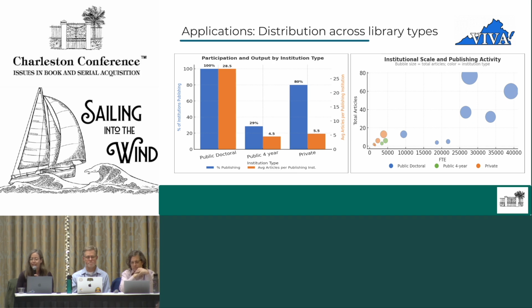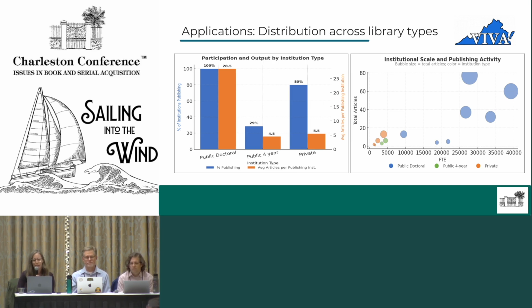But we're also seeing engagement from smaller institutions that would have never had access to these publishing supports on their own. And so for us, this is a really important indicator of value. 2 of our 7 public 4-year institutions without a research designation have published, and 4 of the 5 smaller private institutions that opted into this agreement are actively publishing.